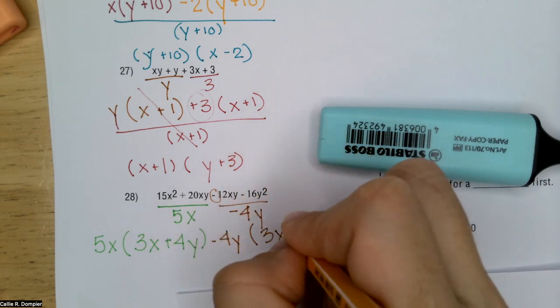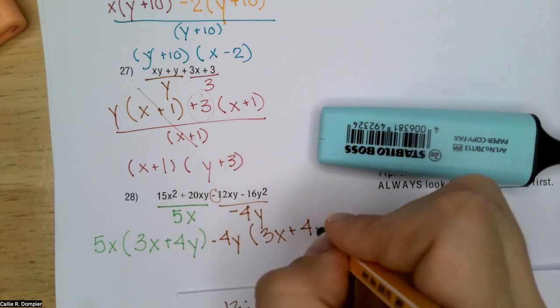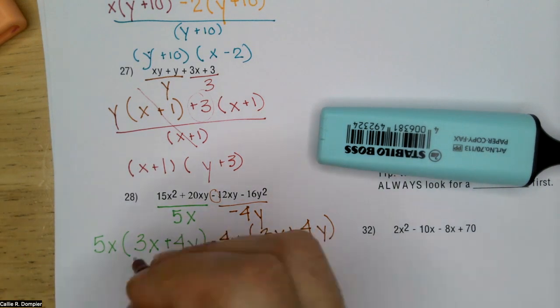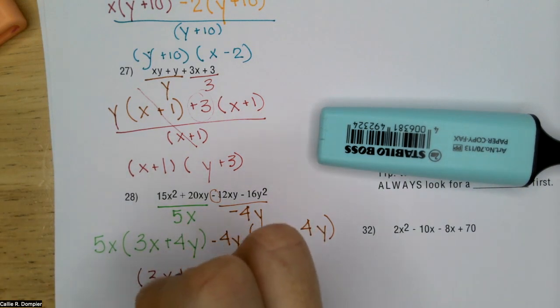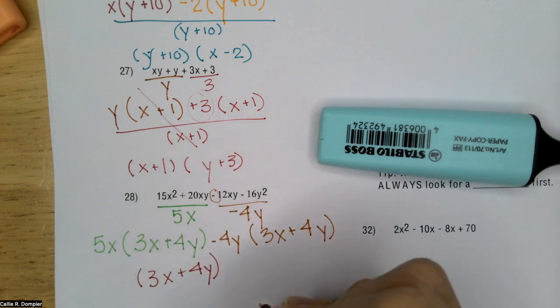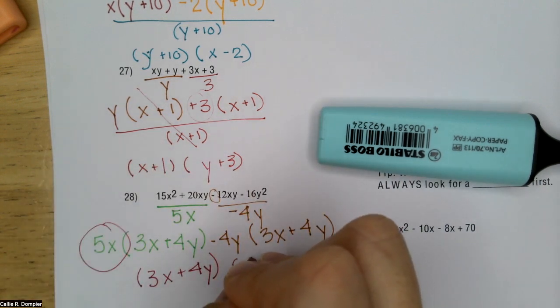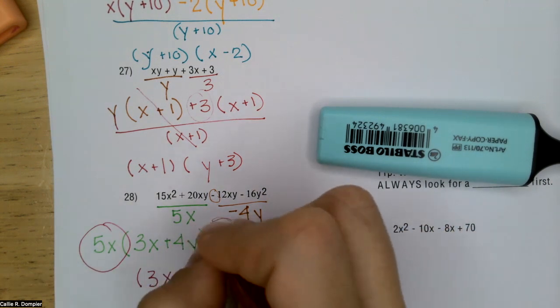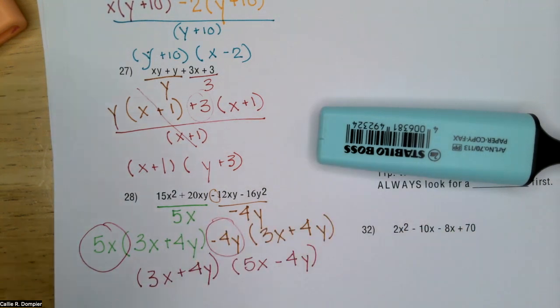Negative 16 divided by negative 4 is a positive 4. y squared divided by y is just a y. Good. So now we see the common factor of 3x plus 4y. And what are we multiplying it by? We're multiplying it by 5x minus 4y. Good. Okay.